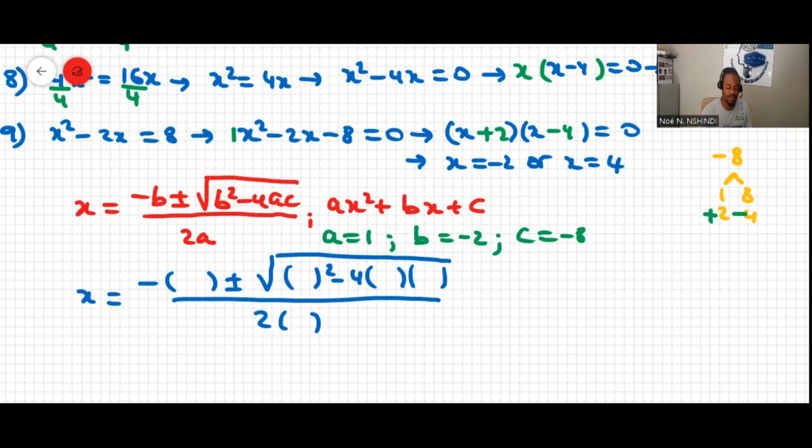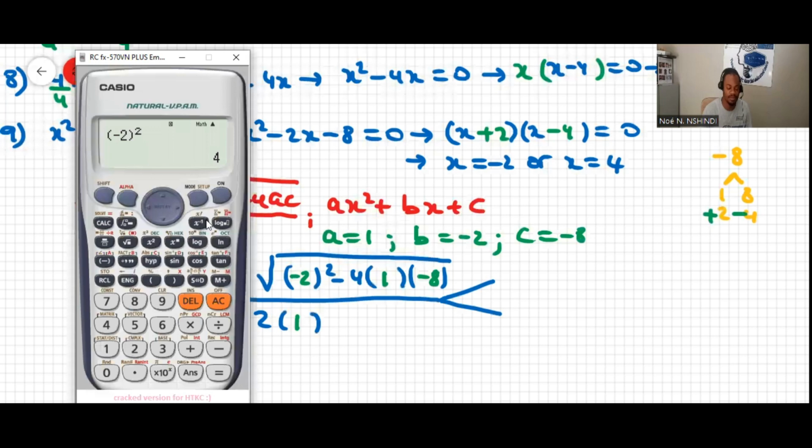So negative b is already negative 2, square root of b squared, which is negative 2 squared, minus 4 times a which is 1, c is negative 8, over 2a. Then this generates two answers, one with the positive, the other with the negative here.